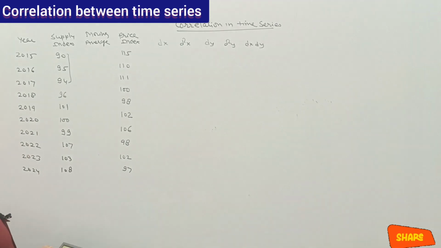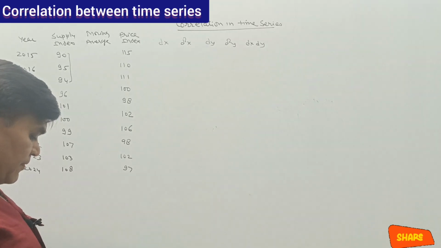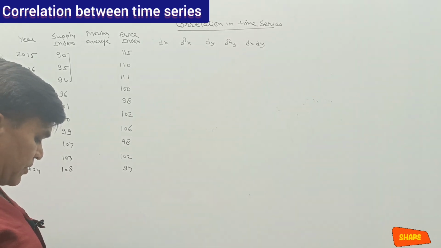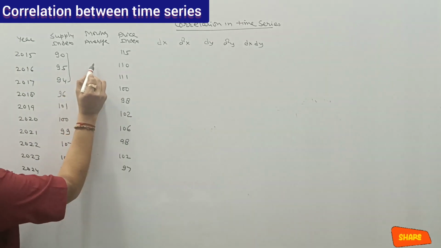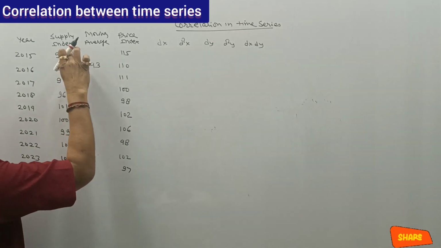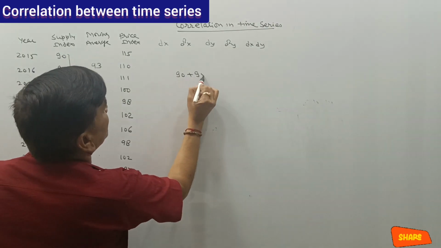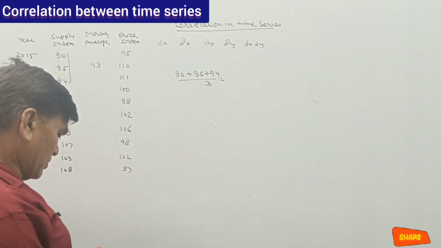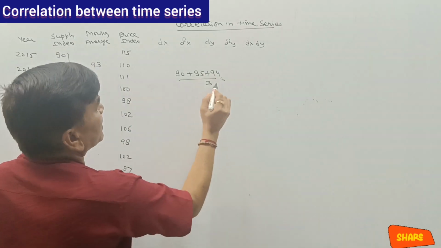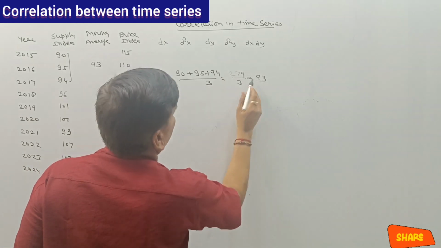So the first one is 90 plus 95 plus 94 divided by 3, which is 279 divided by 3, that is 93. This is the average.